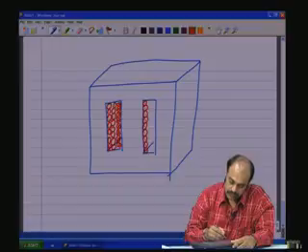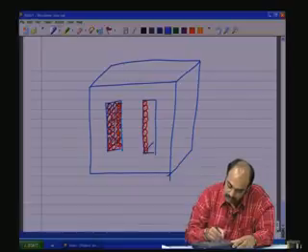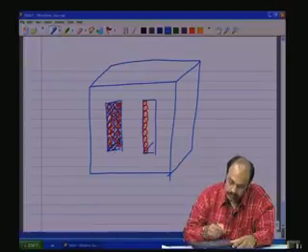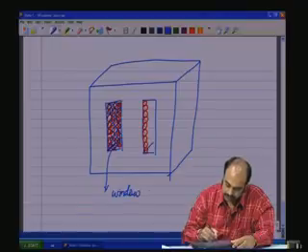In this way, effectively we have this area only available to accommodate the windings. That is called the window area, AW.